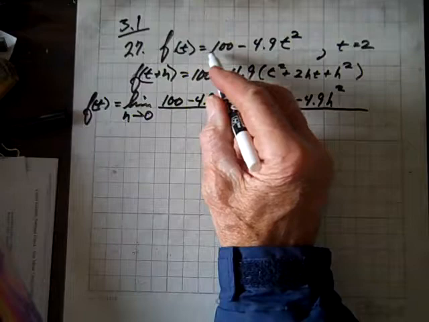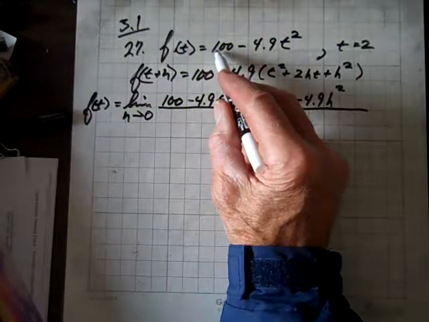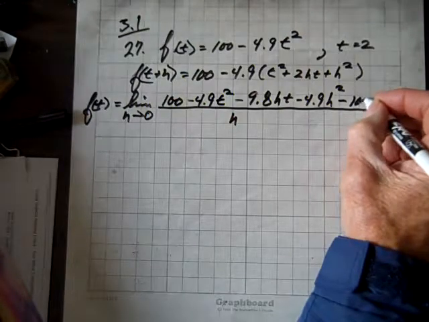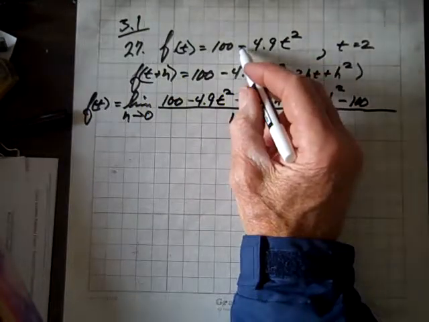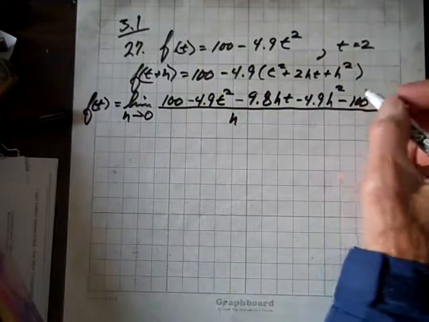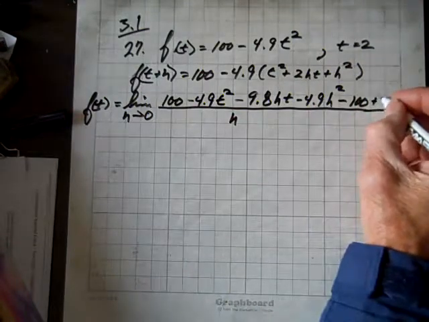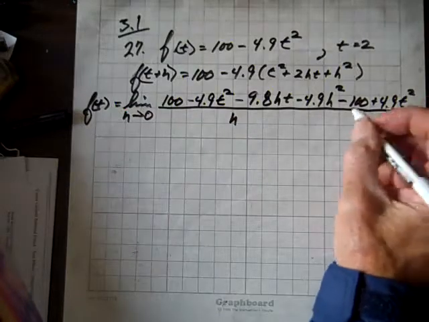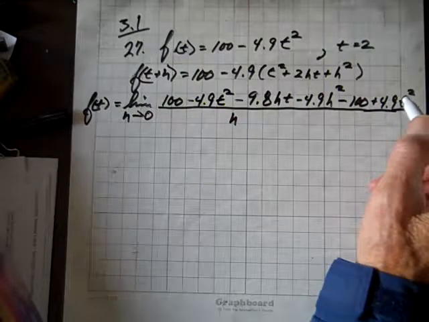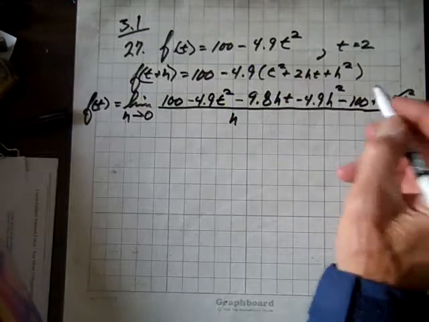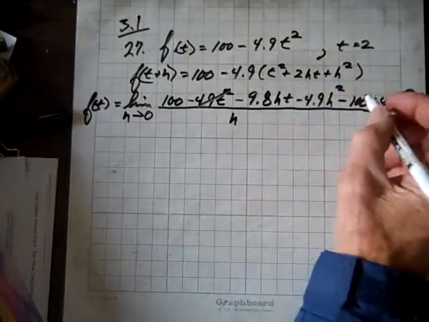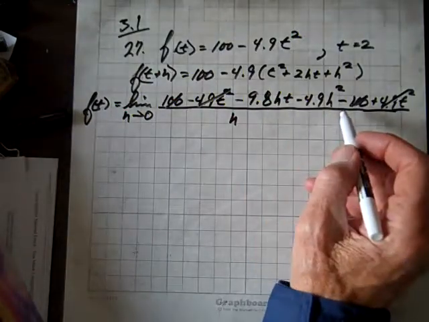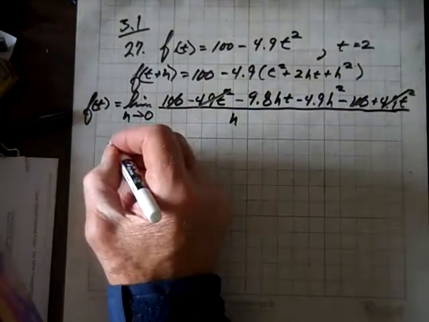And then we're going to subtract this, so if we multiply 100 by a negative, we get negative 100, and if we multiply negative 4.9 t squared by a negative, we get a positive 4.9 t squared. Now notice the 4.9 t squareds add out, the hundreds add out, and we're left with two terms involving h.